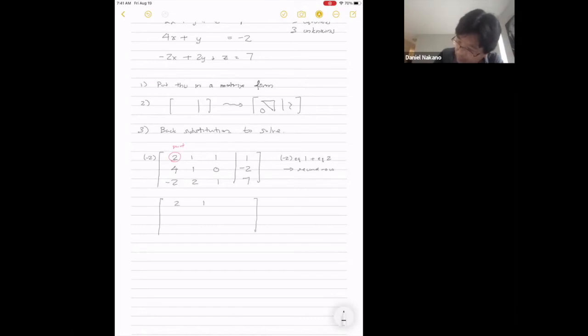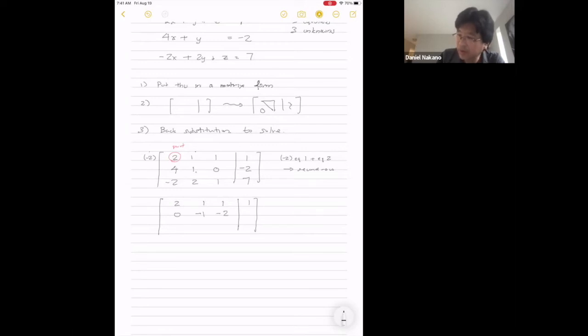So I have 2, 1, 1 here. I have a 1. All right, so minus 2 times 2 plus 4, that's going to be a 0. And then minus 2 times 1 plus 1 is equal to what? I'm taking this one and then the second one, adding it to that over here. I get minus 1, right? And then the third one is minus 2 times 1 plus 0, I get a minus 2.